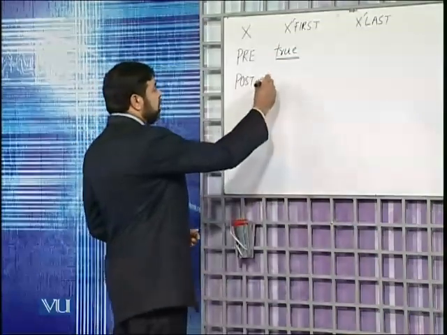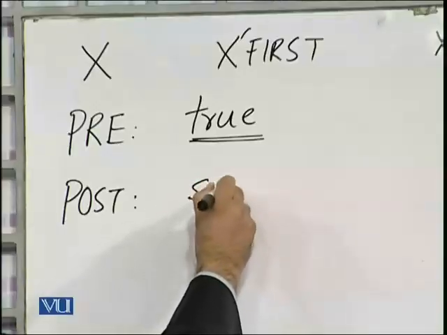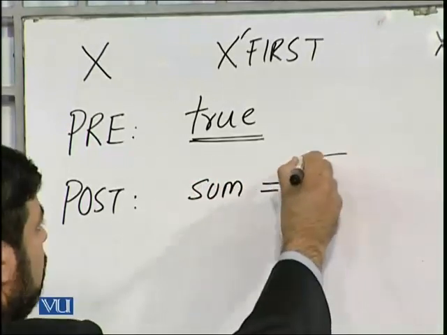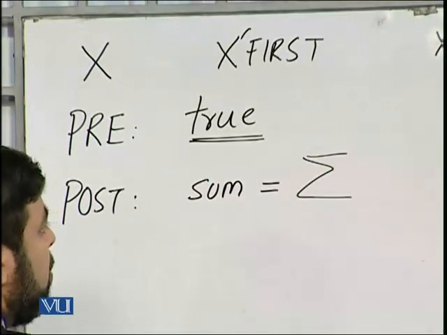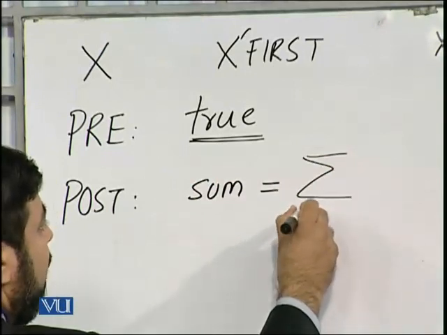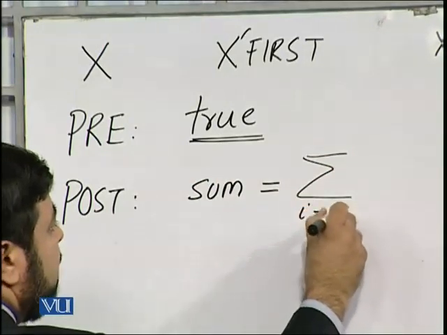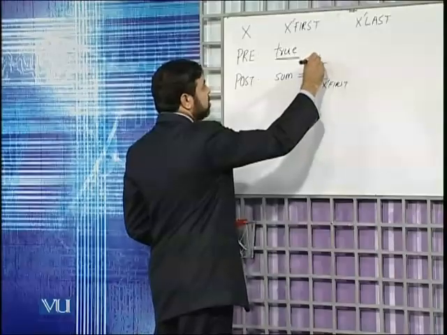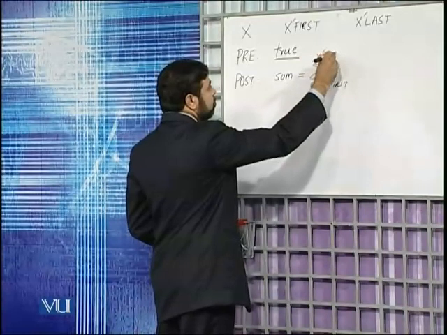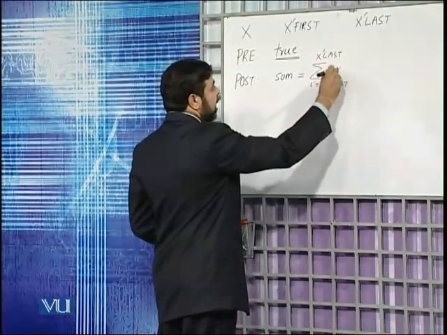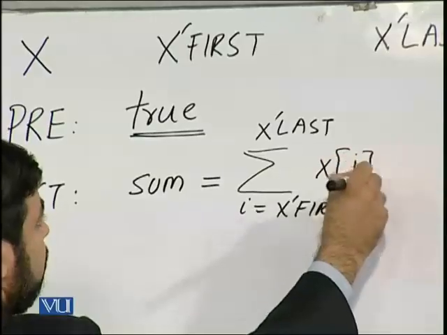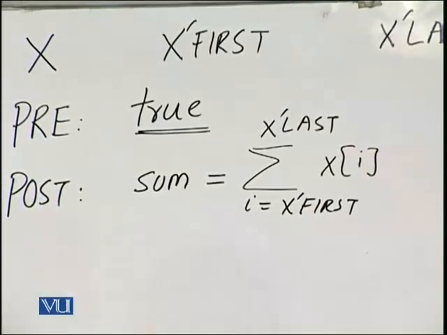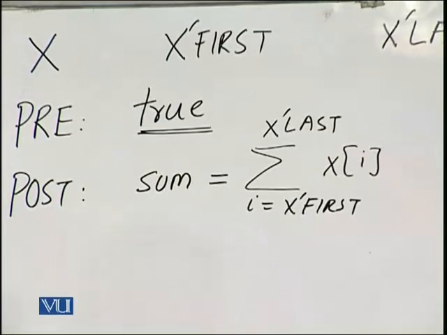So the postcondition is, our variable sum is equal to sum of sigma i from x first to x last of x i. So this gives us the postcondition. This is our desired output.